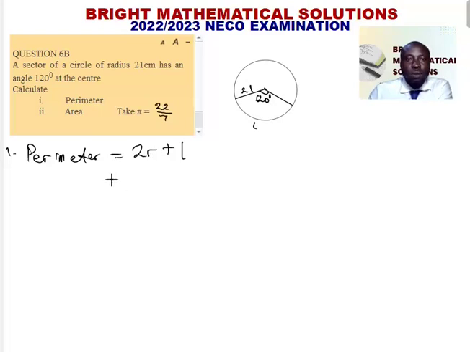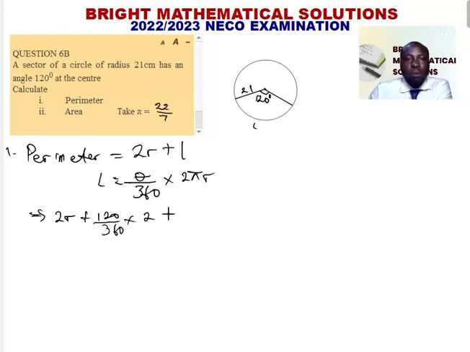And to get the length, L equals theta over 360 multiplied by 2 pi r. So the perimeter will now become 2r plus our theta, which is 120 over 360, multiplied by 2 multiplied by 22/7 multiplied by 21.